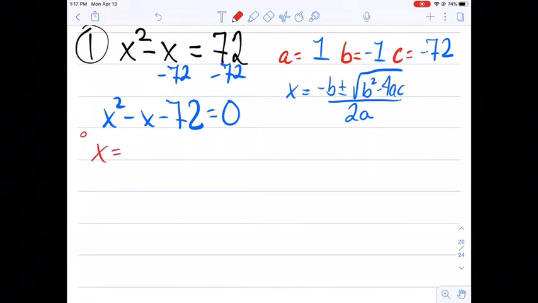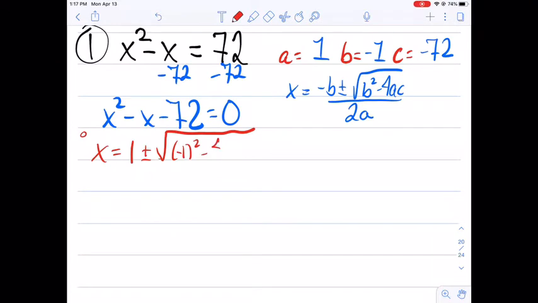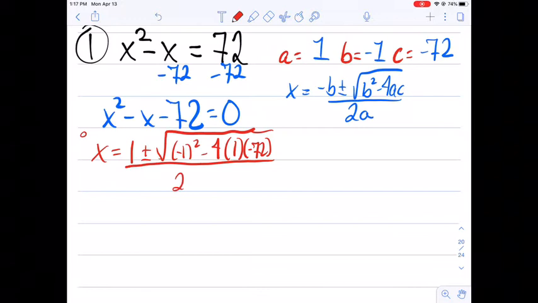So x equals the opposite of b. b is -1, so I get the opposite, positive 1, plus or minus the square root of -1 squared minus 4 times 1 times -72. Go ahead and extend your radical sign if you need to, all over 2 times 1.